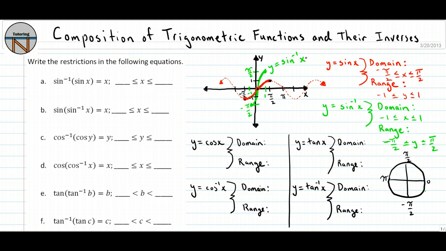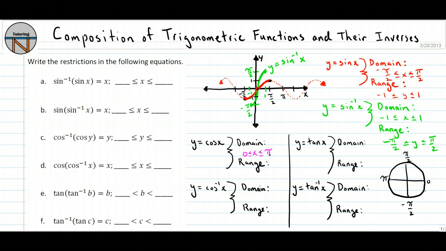Okay, now we could take a similar approach for the cosine function, also for the tangent function, and come up with restrictions on its domain and range. But for time's sake, I'm going to go ahead and just fill those in for you. The restriction on the domain of cosine x is that we're going to look at it from values of x that are between 0 and pi.